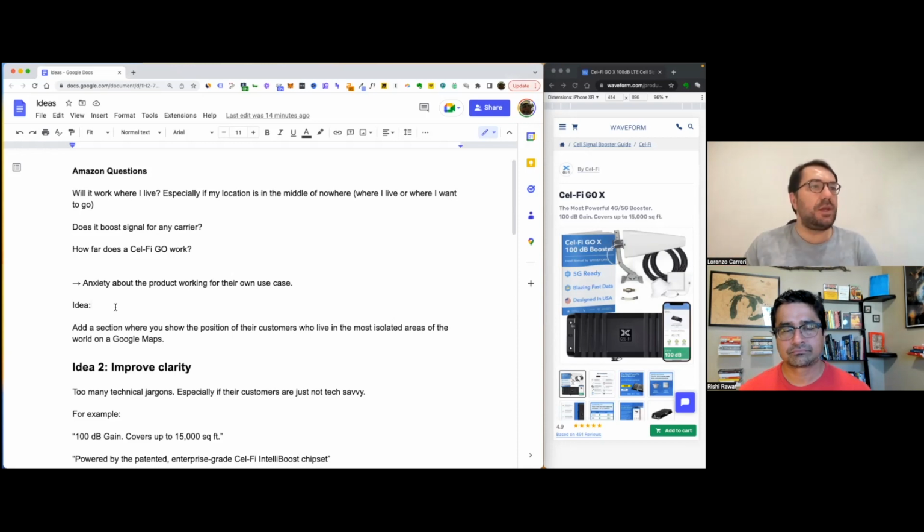What I had in mind was to show a Google Map on the product page where you see arrows and dots of all the customers that have bought the product and how in the middle of nowhere they live or have traveled, as a way to communicate that even if you think you live in a very isolated location, look at all the other people all over the US.